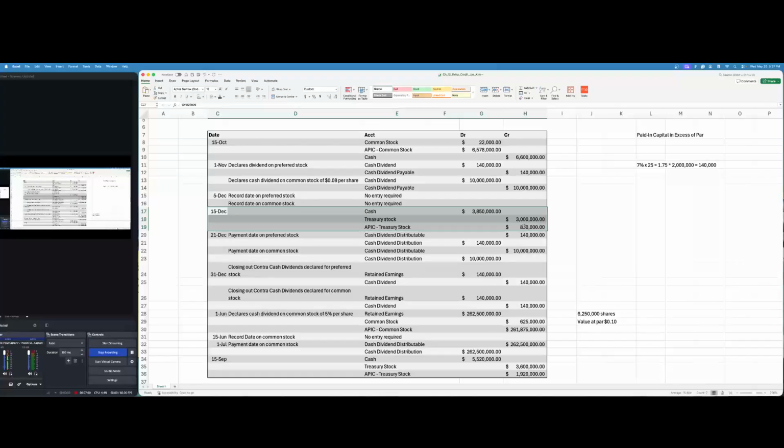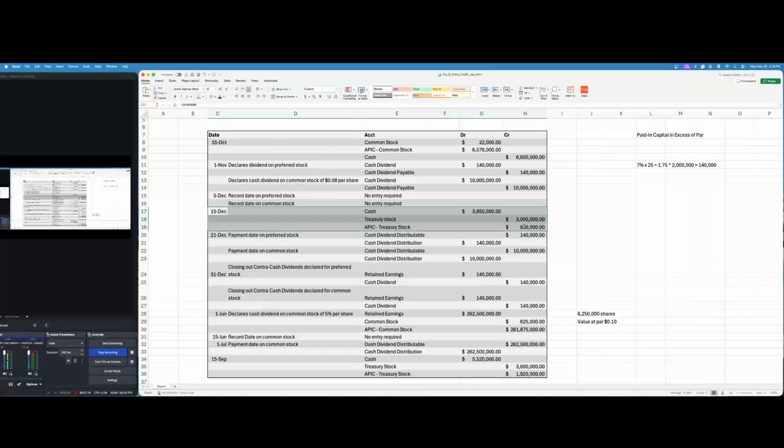The company bought their own stock on the market. They issued it out and it was outstanding, but then they decided to repurchase it.